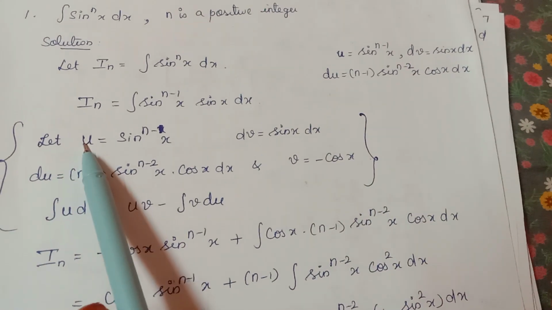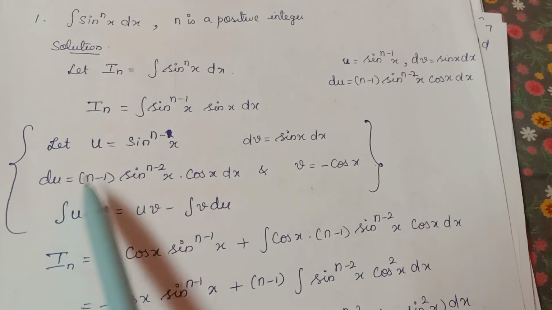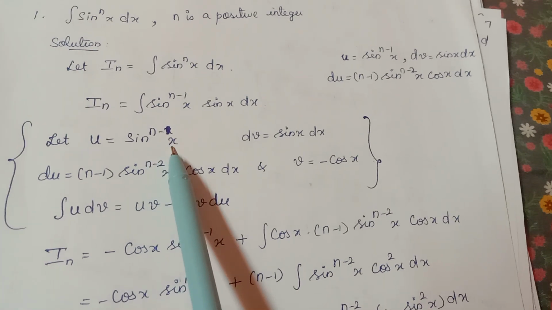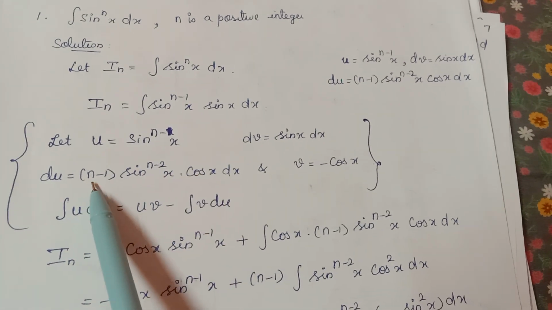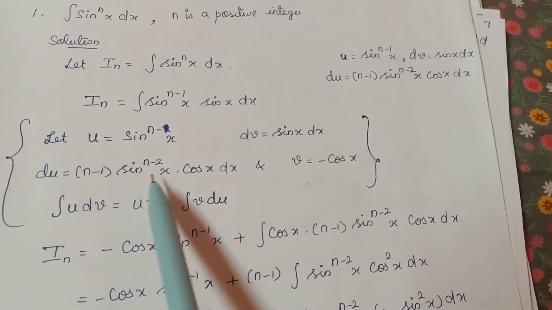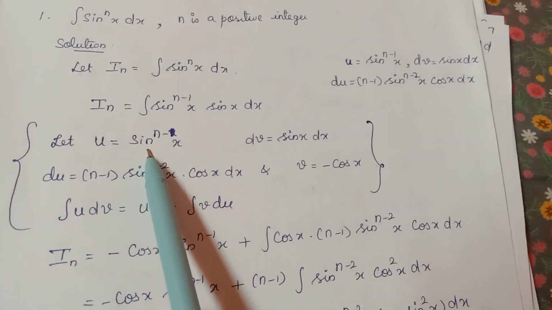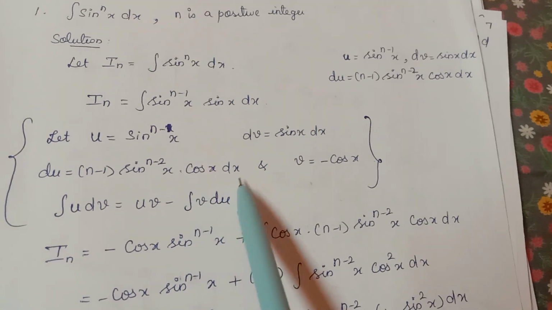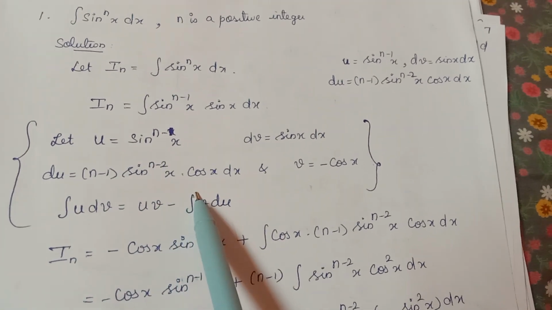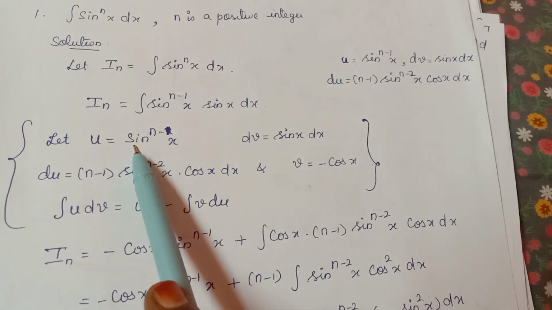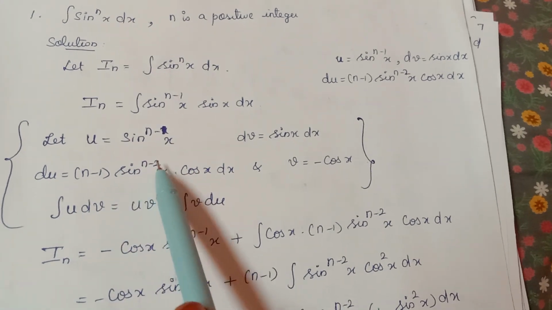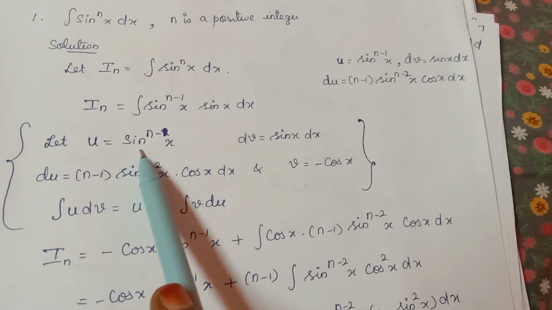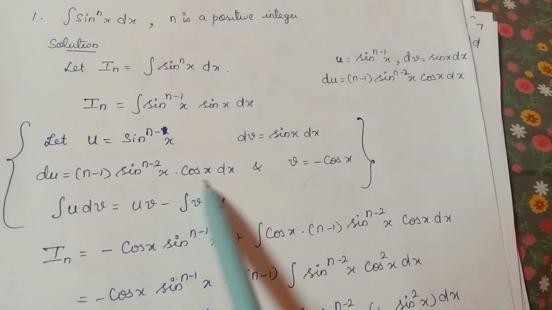Differentiation of u: du is equal to n minus 1 into sine power n minus 2 x into the differentiation of sin x, which is cos x dx. Chain rule I am applying.